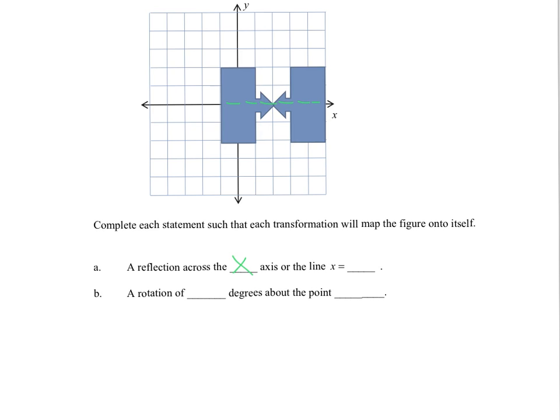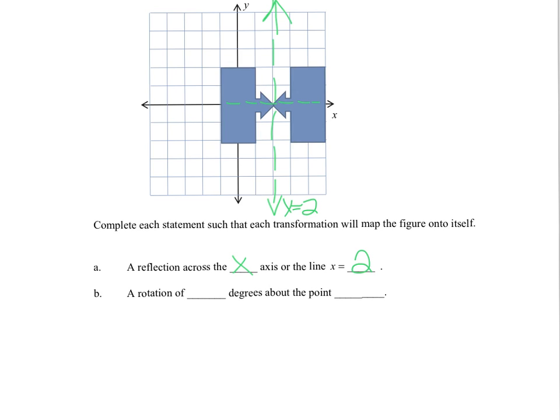Additionally, if I reflected across this line, we can see that this part with a blank space will go into this. This part here with a blank space will reflect onto this one. So this is the line x equals 2. So we know that that's going to be the other reflection where it will map the figure onto itself.